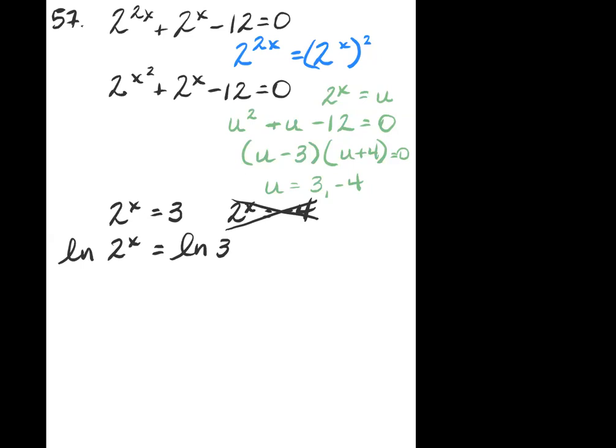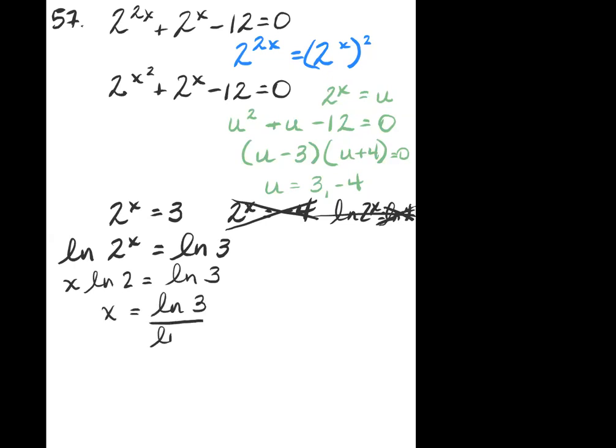Well, this one would have been ln 2 to the x equals ln of negative 4, and we can't have an ln of negative 4. So again, cross that off. So we're going to get x ln of 2 equals ln of 3, x equals ln of 3 over ln of 2.